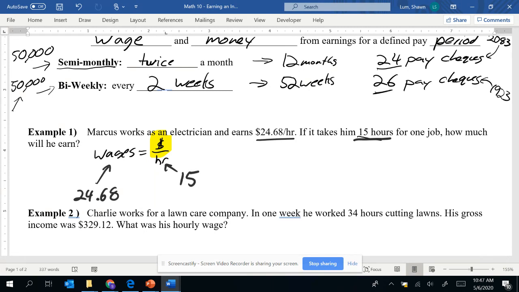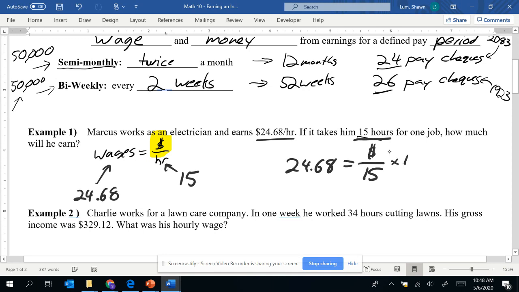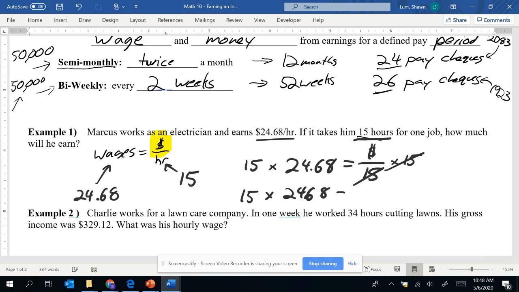Okay, so I'm going to plug in those numbers into our formula. So it's going to be 24.68 equals our dollars over 15, and then I just multiply both sides by 15. This cancels out with this one, and so I'm left with 15 times 24.68 equals our dollar value.